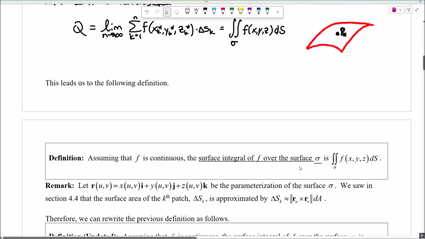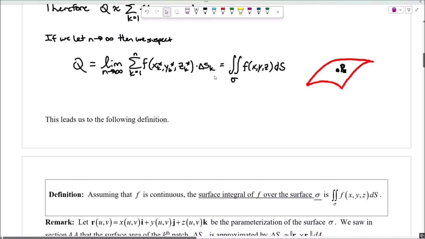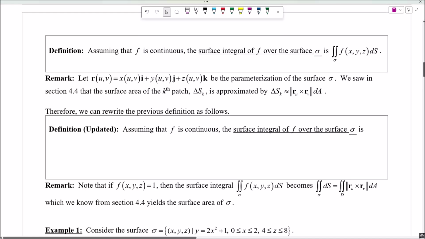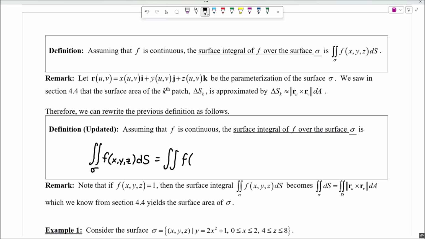So notice that if I was to sub that in up here instead, it would create a different integral on the other side. And ultimately, here's what I would end up with. Assuming that f is continuous, my surface integral, which we had previously written like this, could now be thought of as a double integral where my f function has to be updated in terms of my r of uv.